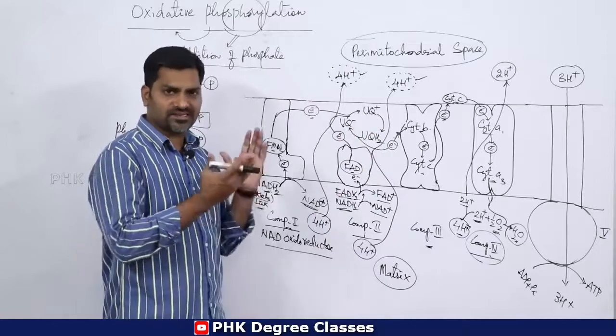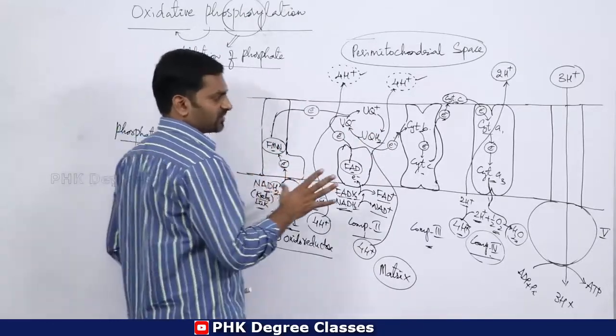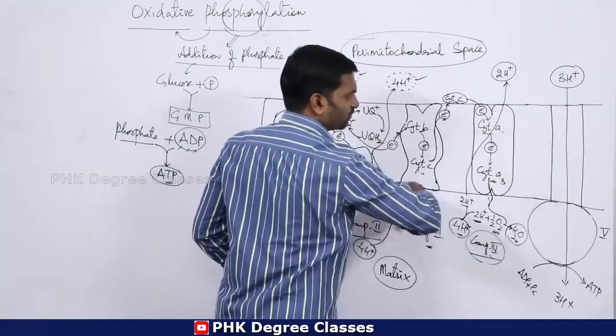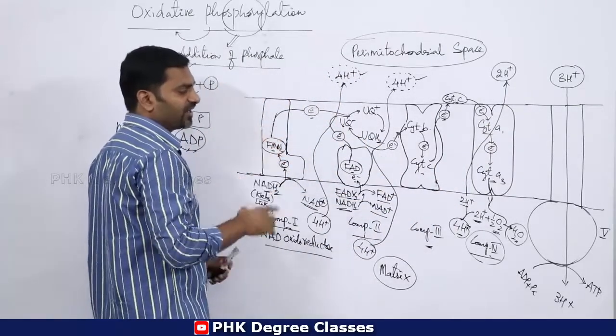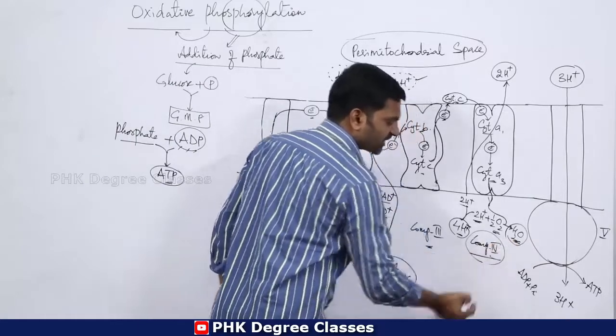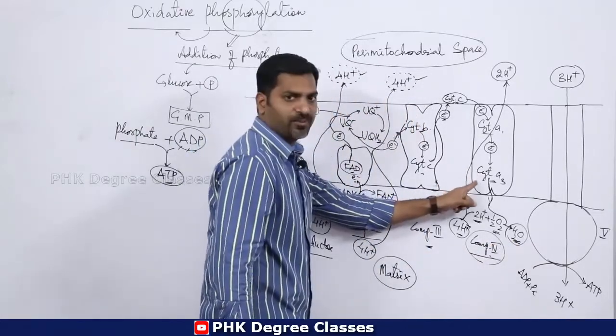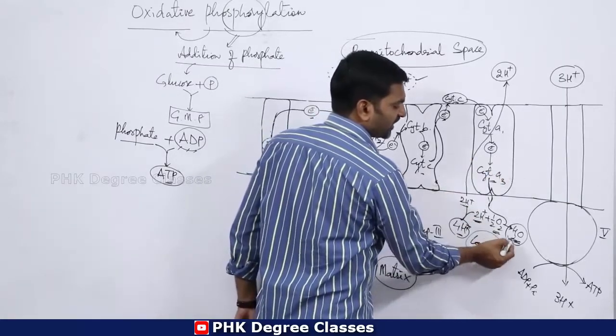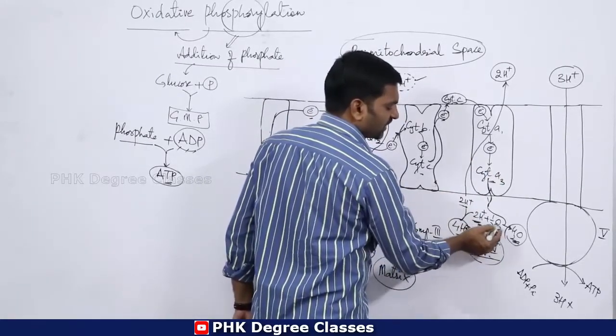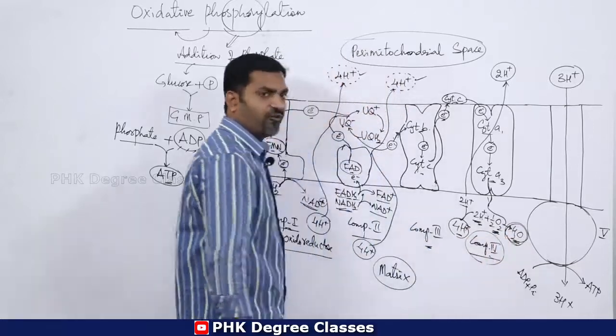So in this session, this electron movement is accompanied by the formation of water at the last complex, that is complex 4. These electrons are received by oxygen and protons, hence there is a formation of water.